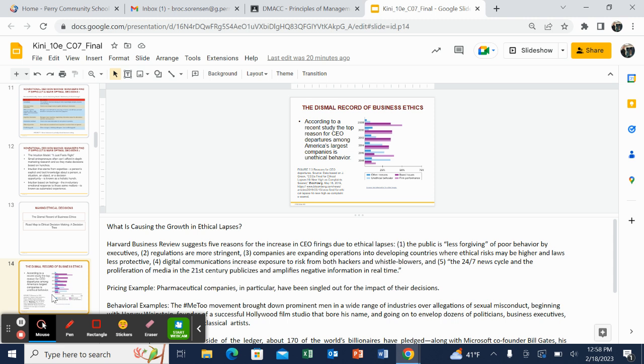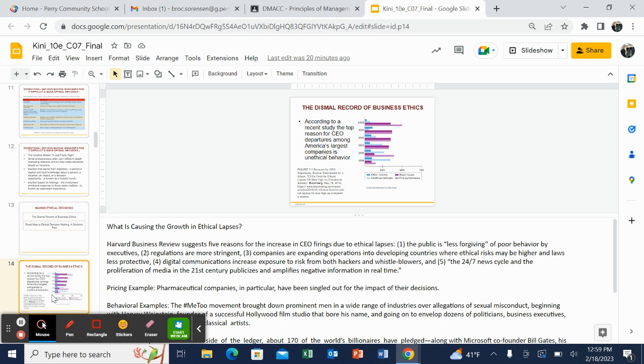Unethical behavior is becoming a leading cause of why CEOs are leaving their company. And there are five reasons that suggest why CEO firings are happening due to ethical lapses.